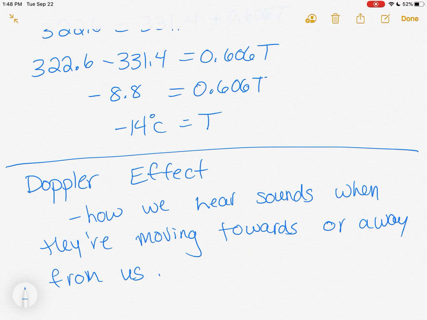So for example, if you're sitting in your home and you hear an ambulance drive by, you can actually tell based on the sound, and specifically the sound frequency, whether the ambulance is coming towards you or moving away from you, okay?